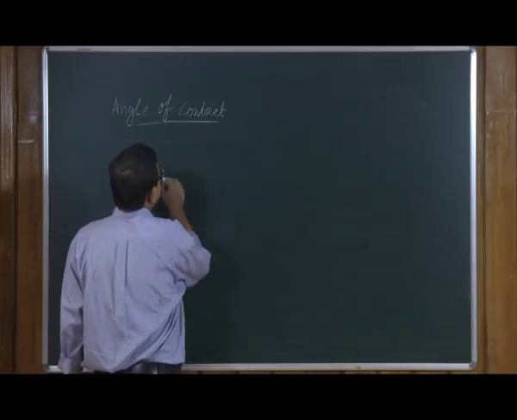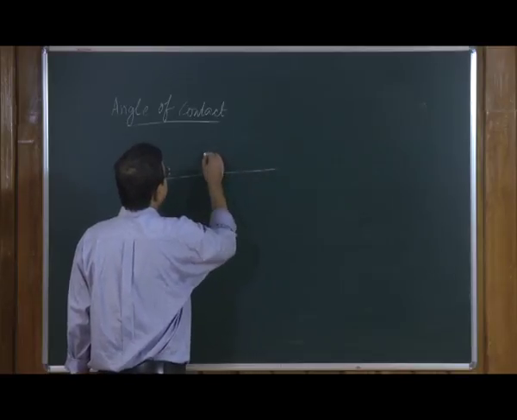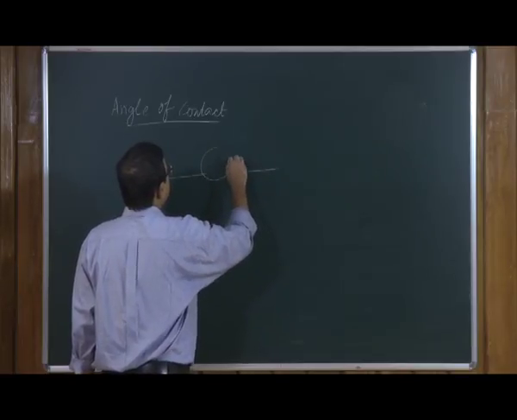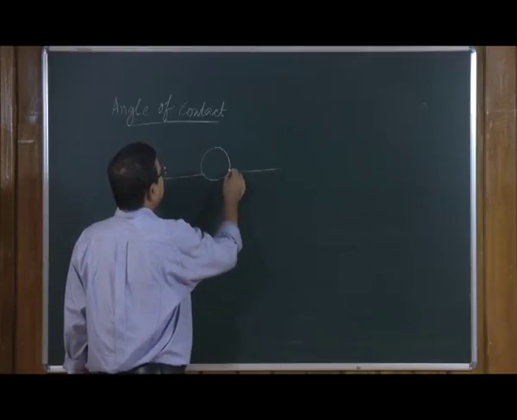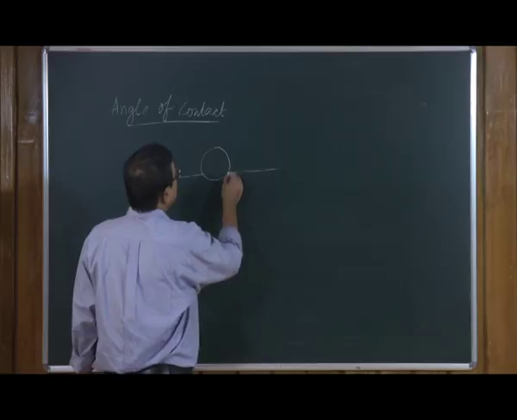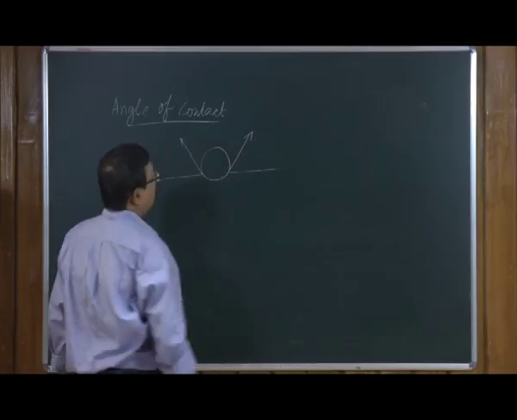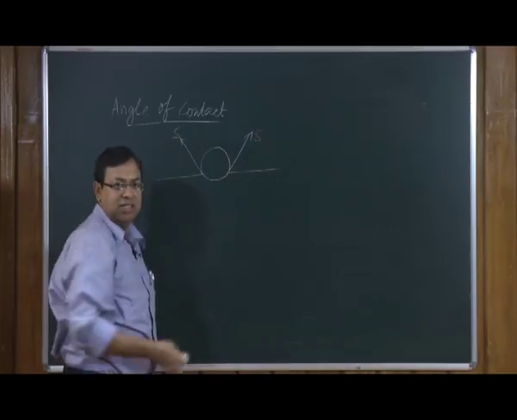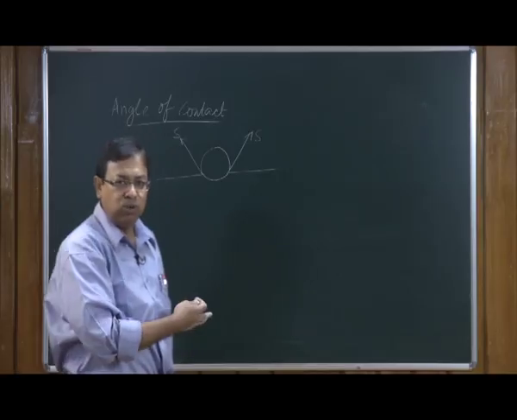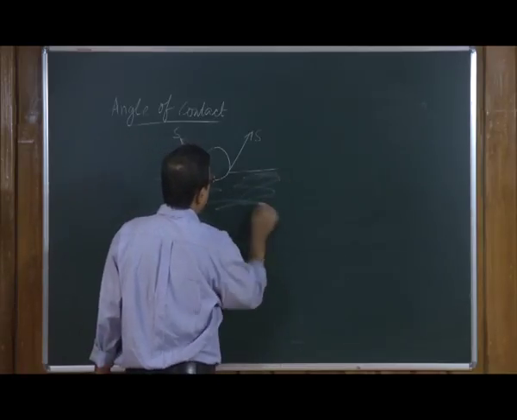So, there is a liquid film here and there is a sphere there. So, there is this surface tension acting. This is considered to be that water filled balloon that we have talked about, and this is the surface of a liquid.